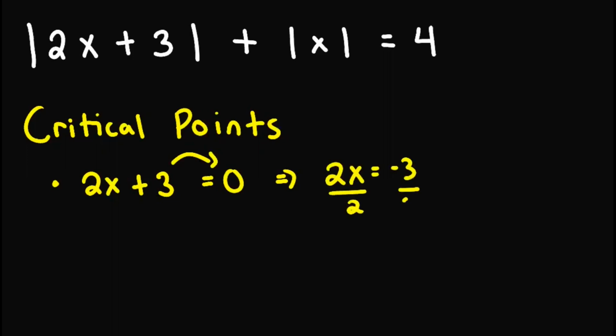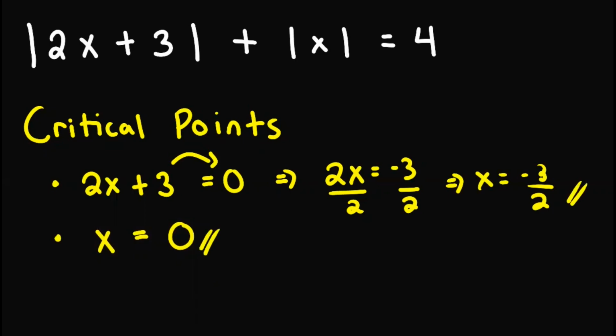Divide both sides and we obtain x equals negative 3 over 2. Next, we have x equals 0. For x equals 0, that's it already, since we don't really need to manipulate it anymore. So our two critical points in this case are x equals negative 3 over 2 and x equals 0.